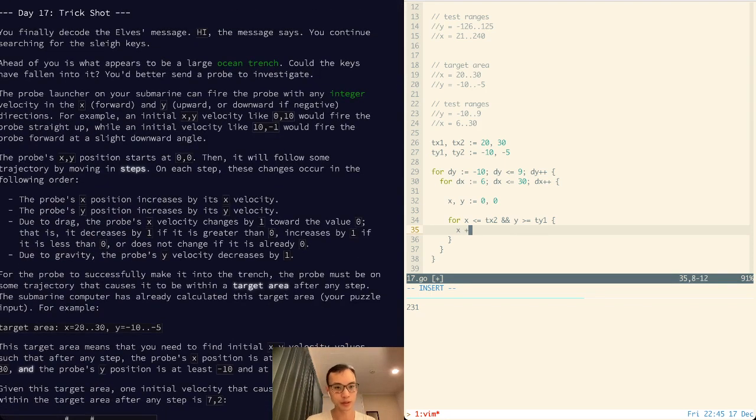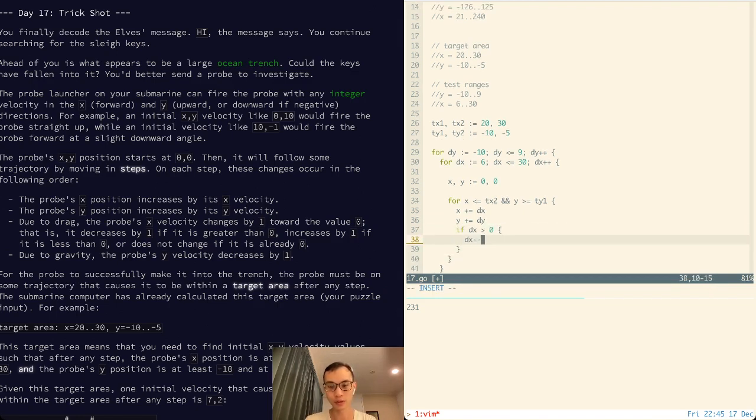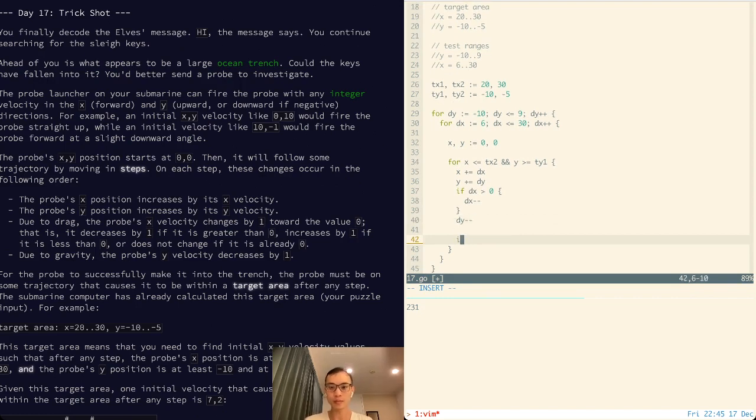X plus equals dx, y plus equals dy. Due to drag, if dx is greater than 0, dx minus minus. Due to gravity, dy minus minus.